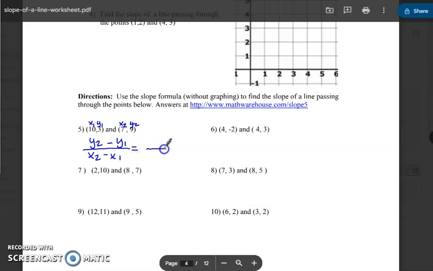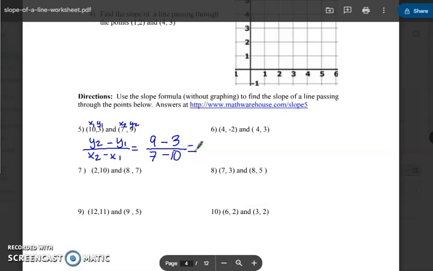So first thing I do is y2. I have my y2 labeled 9. Then I put a minus. Then I come over here. Here's y1. It's 3. And then I do x2. I'm not solving right now. x2 is 7, minus, and then x1 is 10.